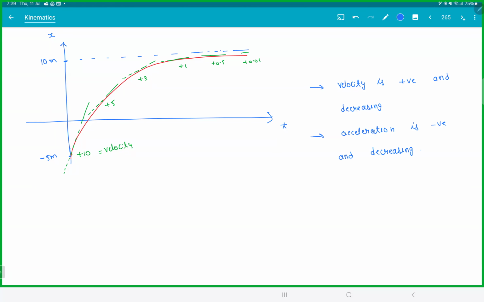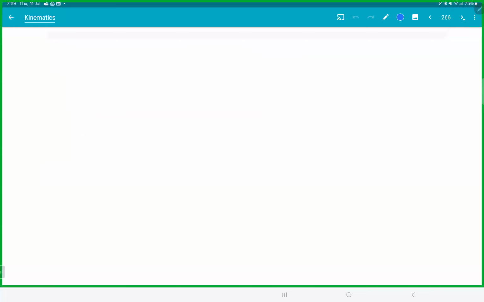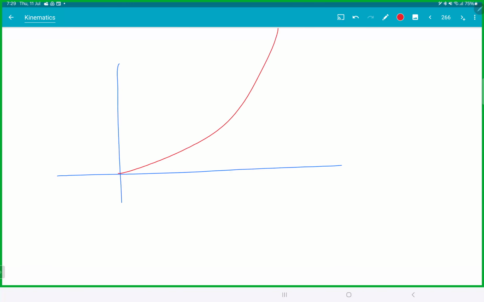How will acceleration positive and increasing look like? How will a positive acceleration and increasing look like? This would look something like this. It's going faster and faster, no?